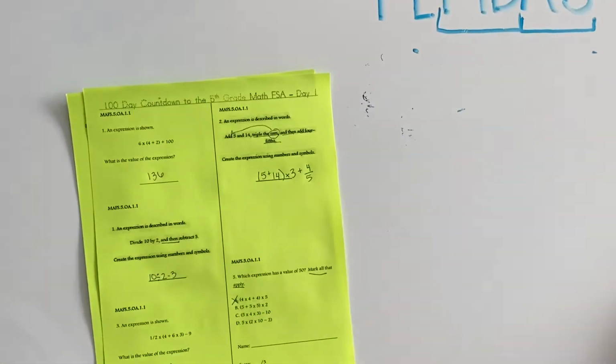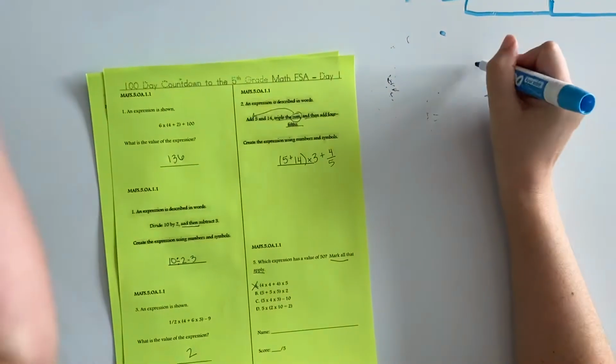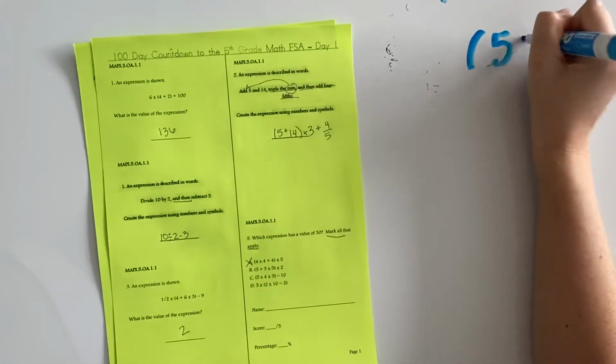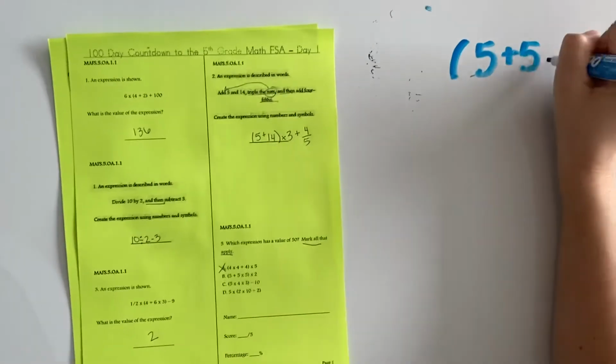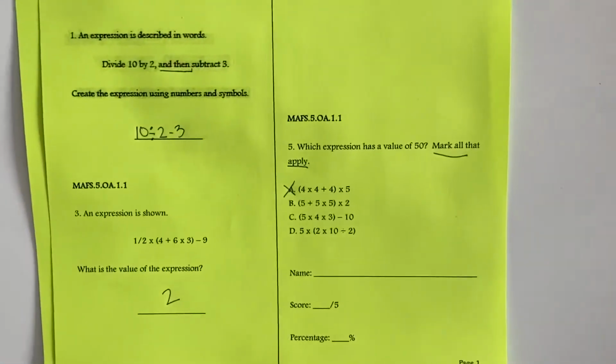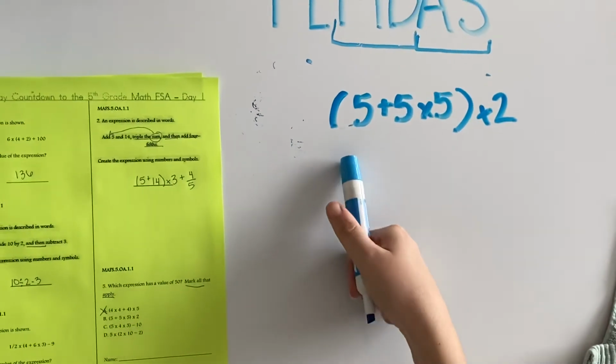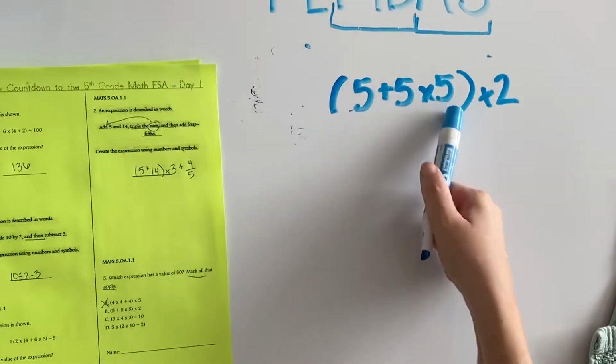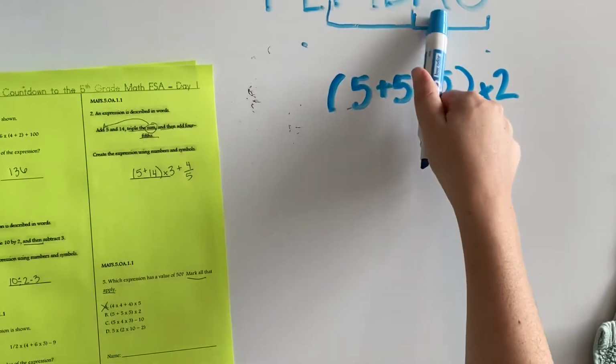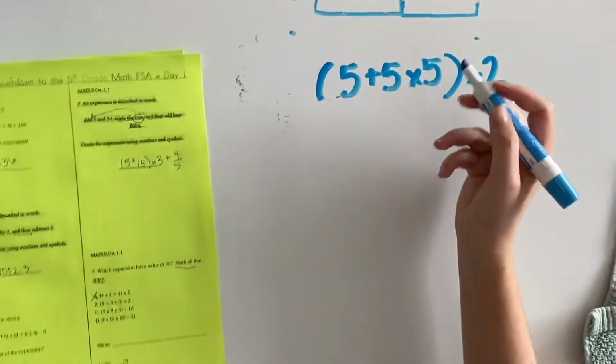All right, let's try the next one. I have 5 plus 5 times 5, parentheses, times 2. What do I do first? I do 5 times 5 first because multiplication comes before addition. 5 times 5 is 25.